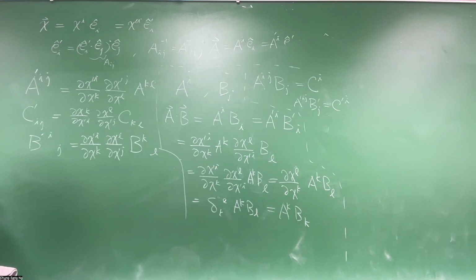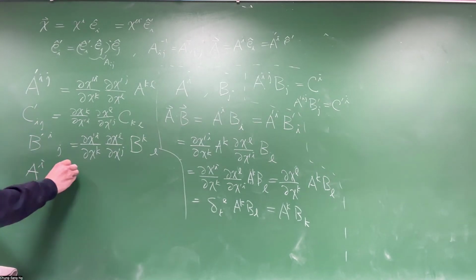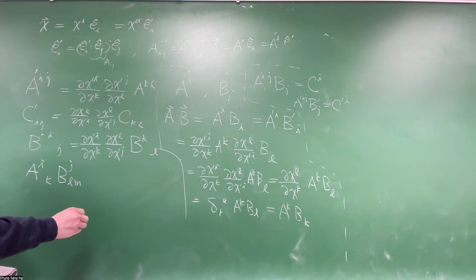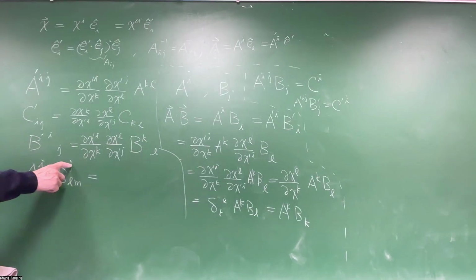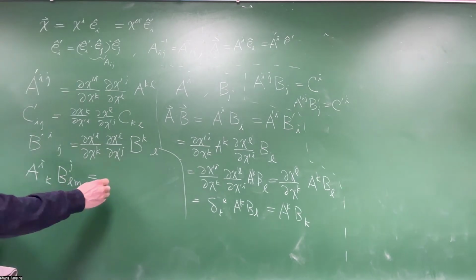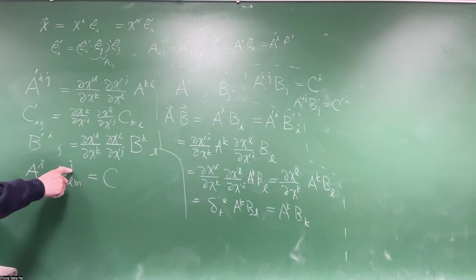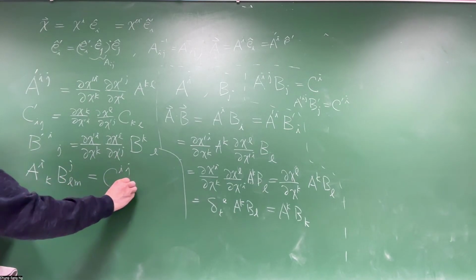Like in the textbook, we have a mixed tensor, B_jlm, and now, because they are all different indices, you can still do a product like that. So this is still a tensor, and it has two superscripts, i and j, and three subscripts, k.